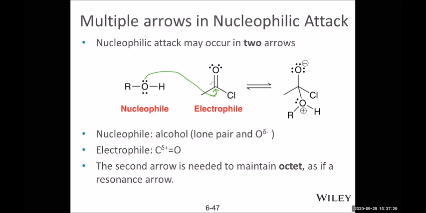But once the first step is formed, it is very similar to resonance. And you can see this carbon now has 5 bonds. This is not possible. So we need to have a next step. If you look at the final structure, oxygen has a negative charge and more lone pairs. So this pi electron must be moved away towards the oxygen. And so you can see this is basically a double arrow reaction.